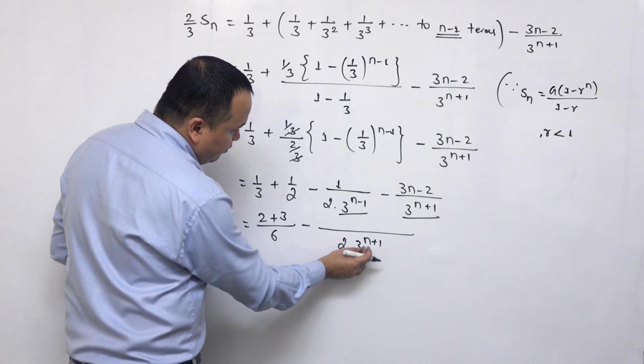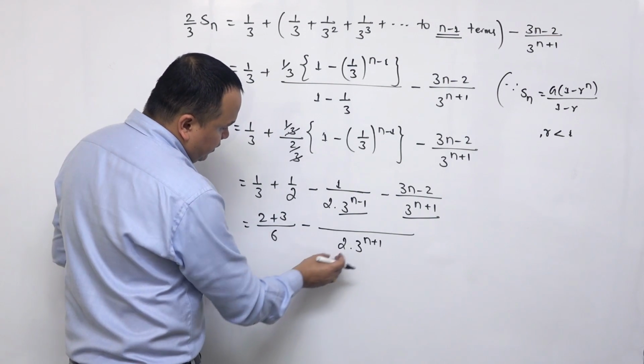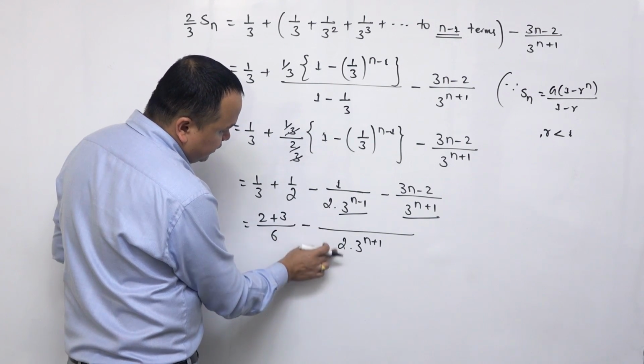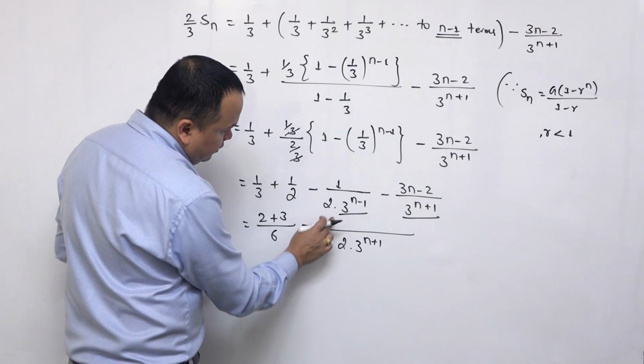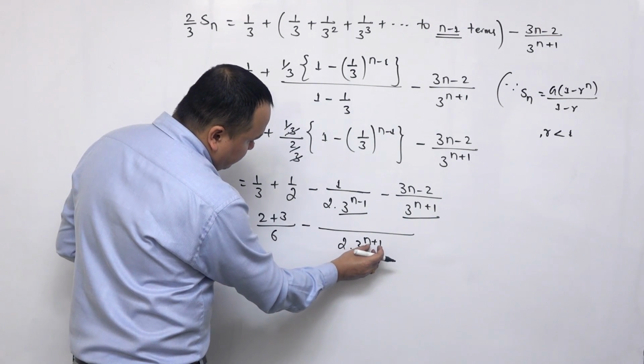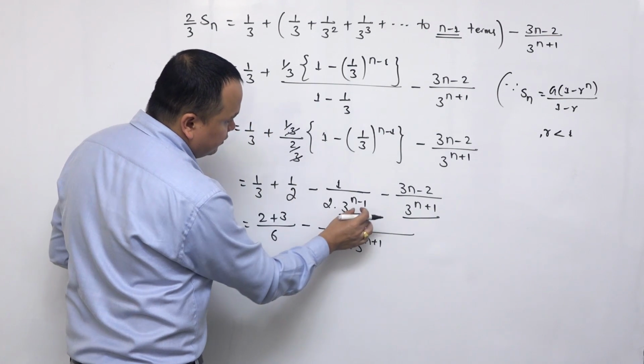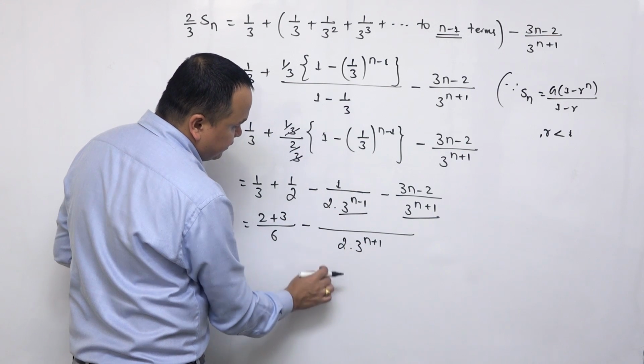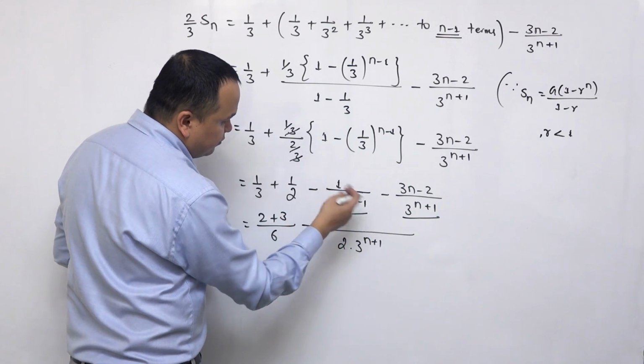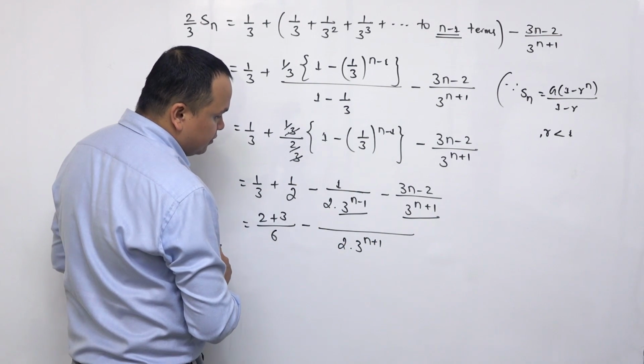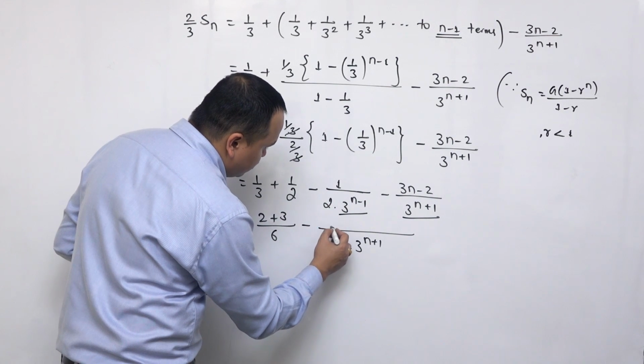Here 3 to the power n plus 1 and 2 cancel, and 3 to the power n plus 1 minus n minus 1, and n cancel, 1 minus minus 1, 1 plus 2, 3 to the power 2 into 1, 3 to the power 2 plus.